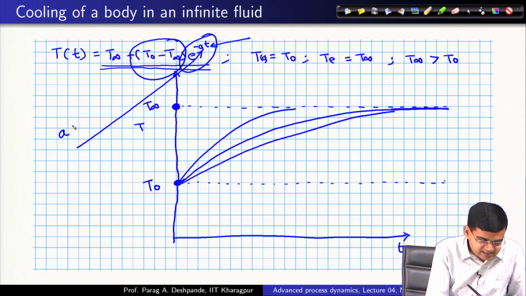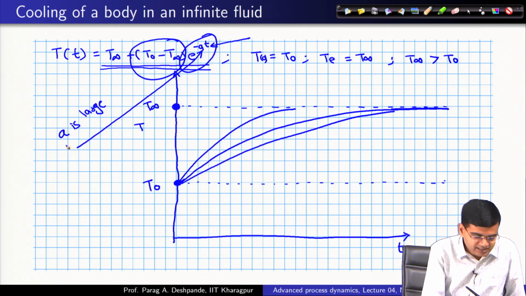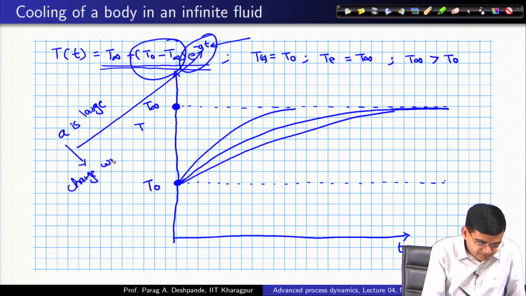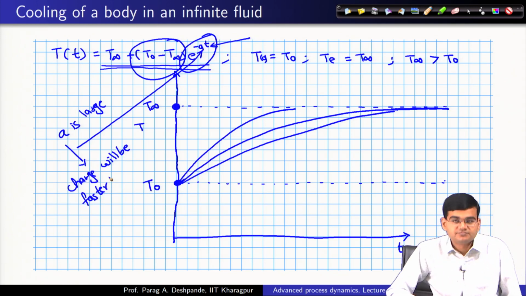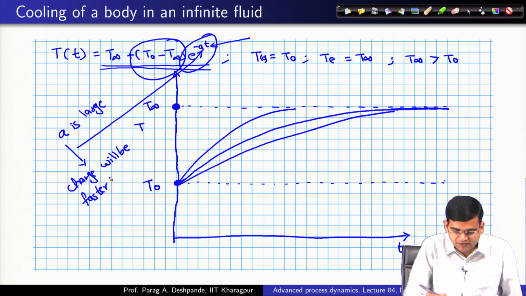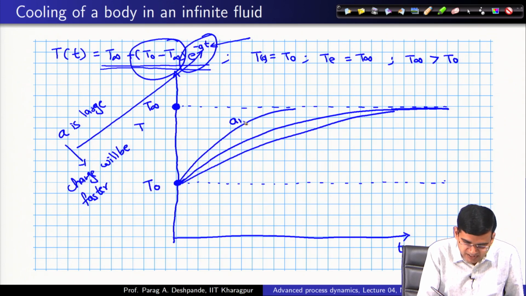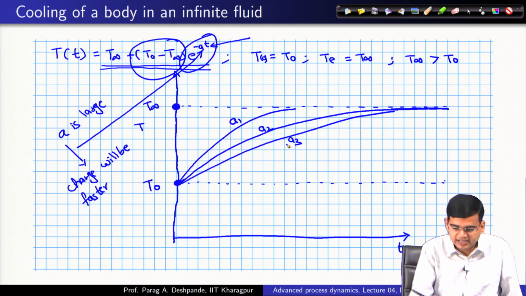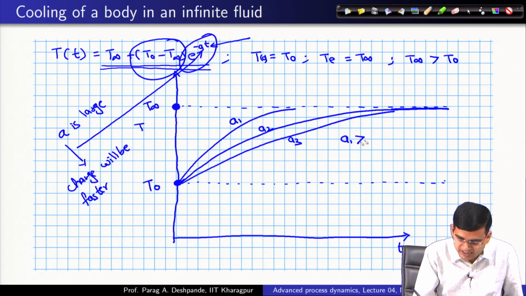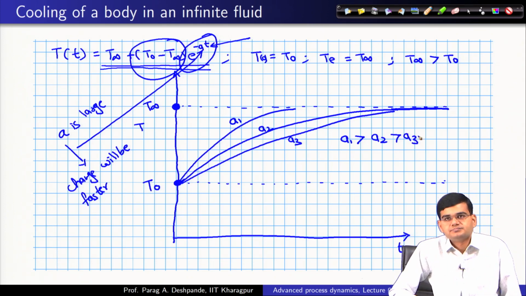If a is large, the change will be faster. Okay. So, therefore, if I have a 1, a 2, a 3, then I can write a 1 to be greater than a 2 to be greater than a 3 in magnitude.